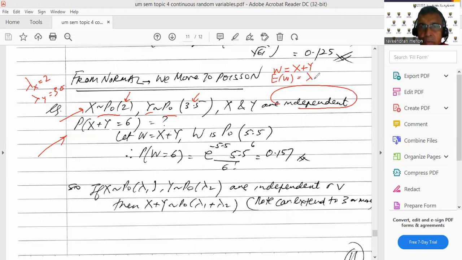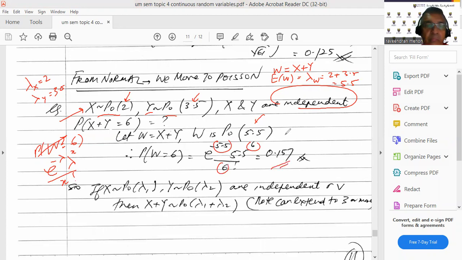In this case, lambda W will be 2 plus 3.5, which is 5.5. So W is Poisson with lambda 5.5. You want to find the probability that W equals 6. Can't be easier than that. We'll use the formula e to the power minus lambda, lambda to the power of x over x factorial. Now x is 6. Just plug in the right lambda value and x value, use the calculator, and we're home.